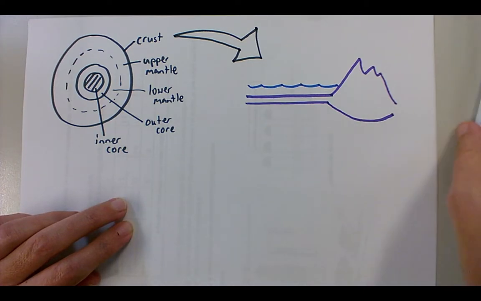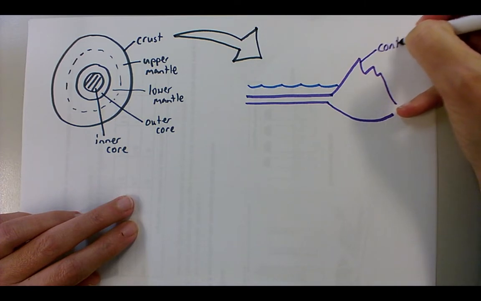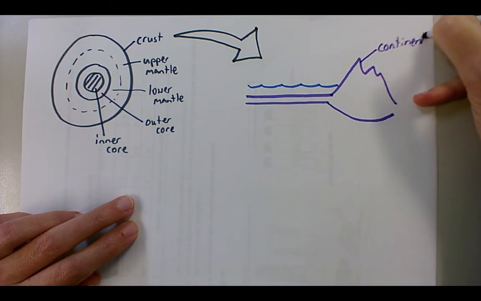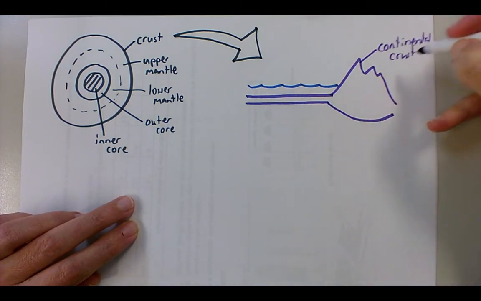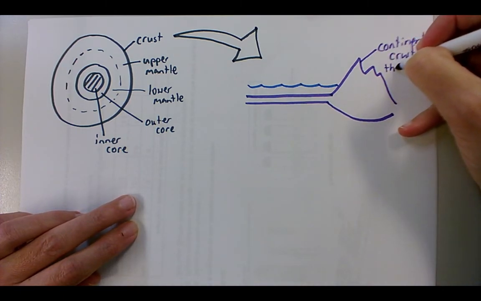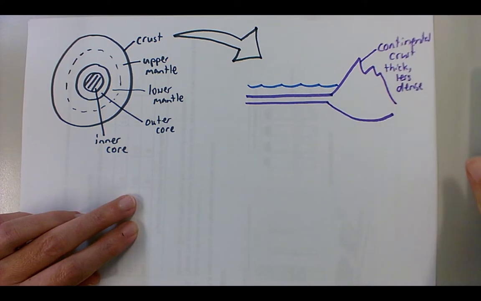Okay, so the part above the continents we refer to as continental crust. And its features are that it is thick and it's also less dense than the oceanic crust. Okay?